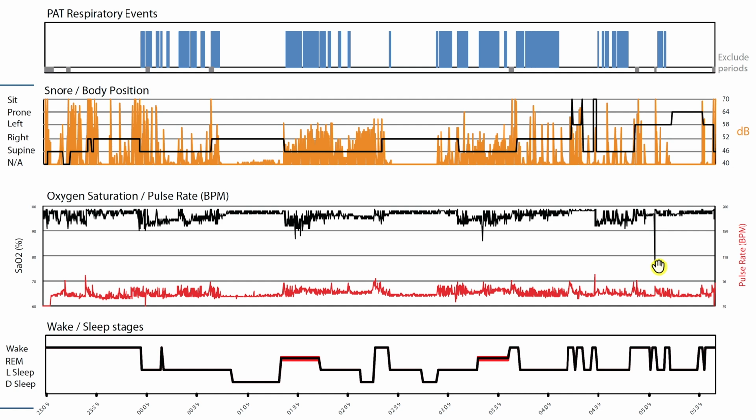Sometimes they're real drops, but typically, when they're super short-lived and they drop way down, it's often just an artifact. I know that can scare people because there's alarms, they'll start vibrating, start making noise, and you look and it's like 70% and you think your whole system's shutting down. But it's typically not the case. This, I would imagine, is a false positive. It's just probably moving around and the sensor is not grabbing the information properly.